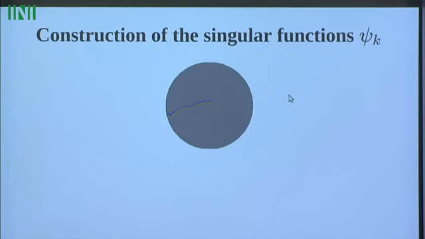So next, from the practical point of view, we have to construct those singular functions. So we construct, in fact, one singular function for each hole. So we are using a little bit more singular functions than needed.